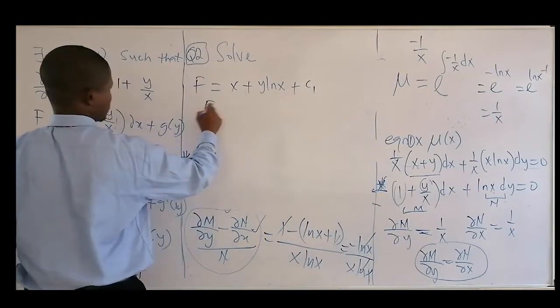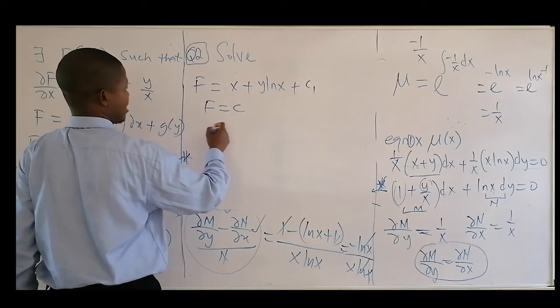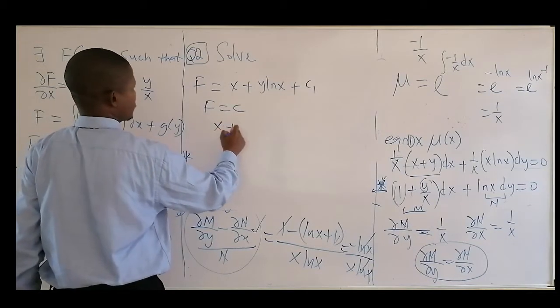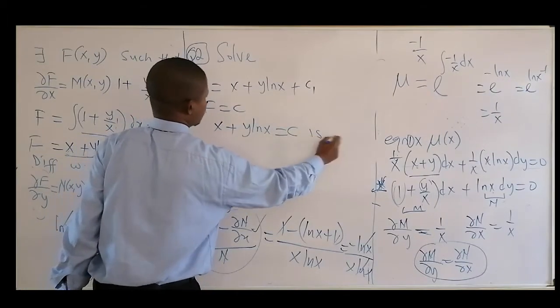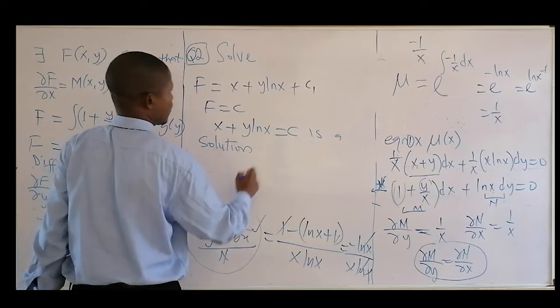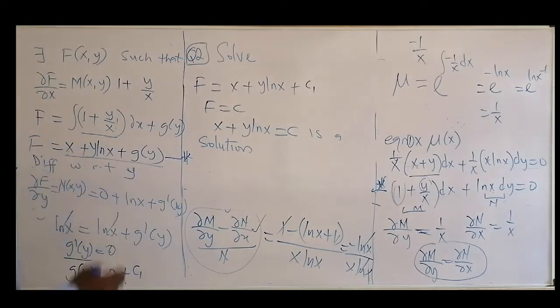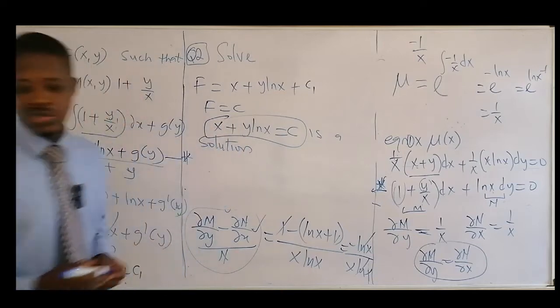And don't forget, f is c. So c minus c1 is c. So we just have this plus this equal to c as the solution of the given problem.